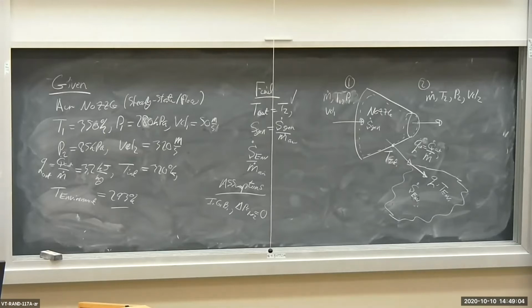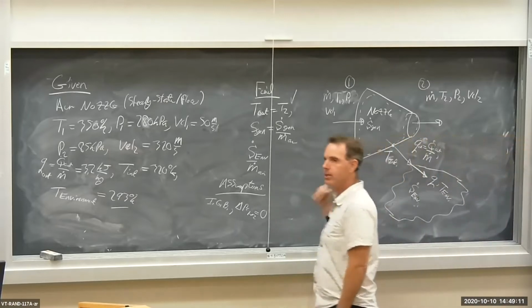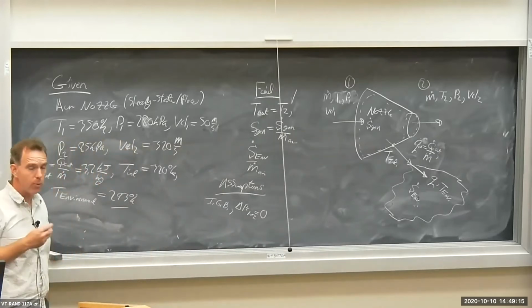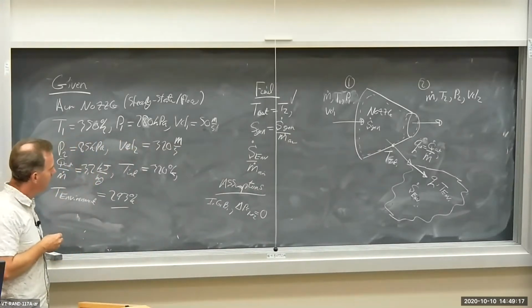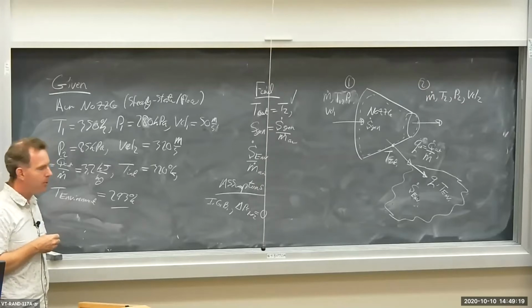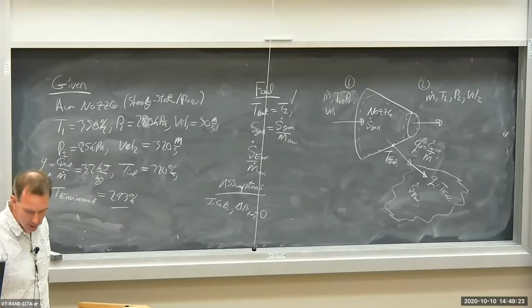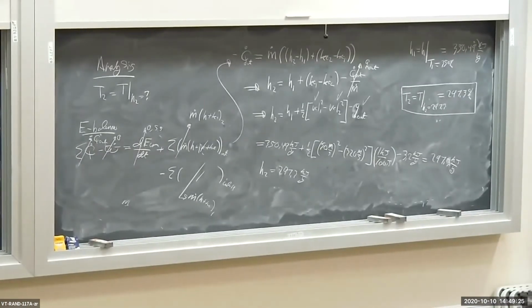Let's find the entropy generation per unit mass flow that occurs inside our nozzle. Entropy is being generated, maybe, we'll see if entropy is being generated. Let's calculate how much entropy is generated inside our nozzle per unit mass flow. That's lowercase s gen.